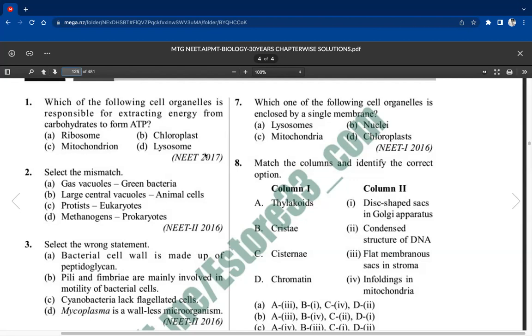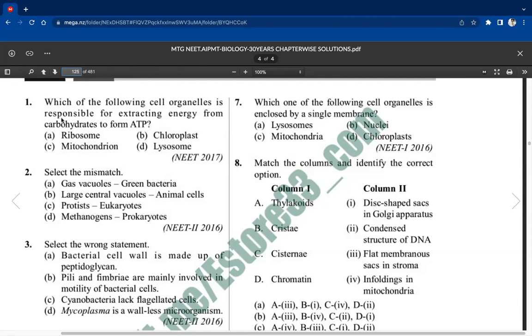Correct. Aisha, what is your answer? Option A, B, C, or D? Sir, option A. But why? Read the question again. Which of the following cell organelles is responsible for extracting energy from... Lysosome.